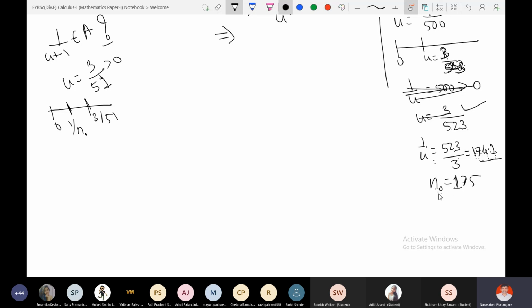What is the next natural number? 175, or you can select 176 also, or 180 also, no problem. So is it clear what I am doing? Now what is 1 by n naught?